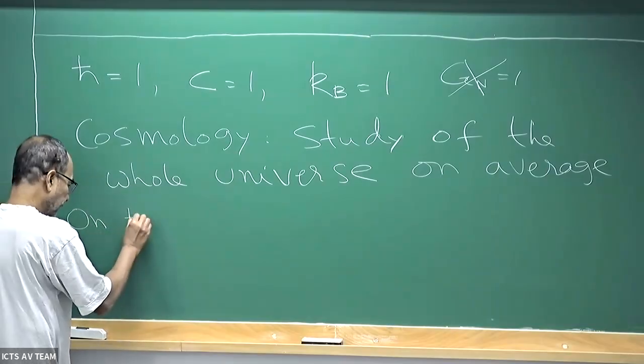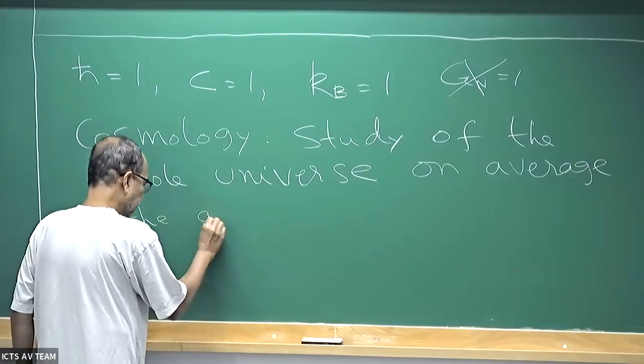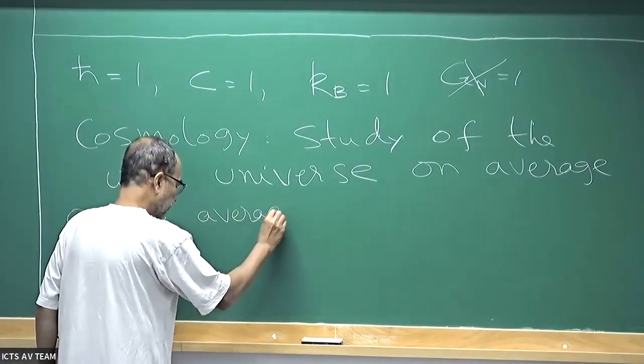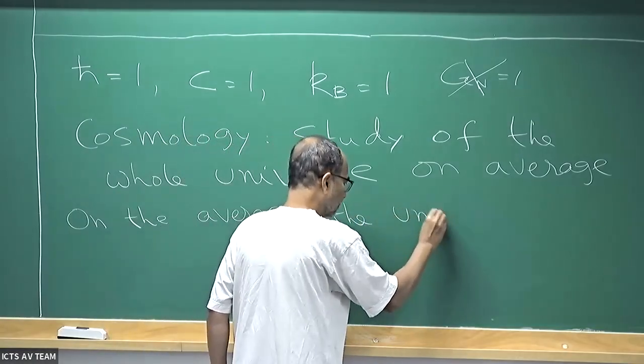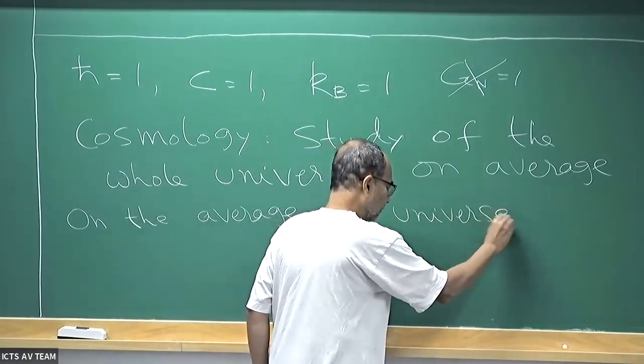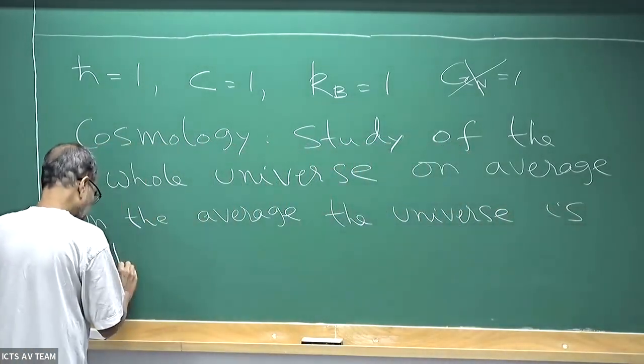statement, which is of course an experimental statement, is that on the average, the universe is homogeneous and isotropic.